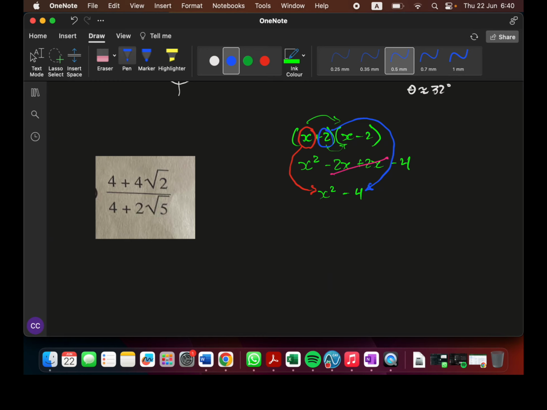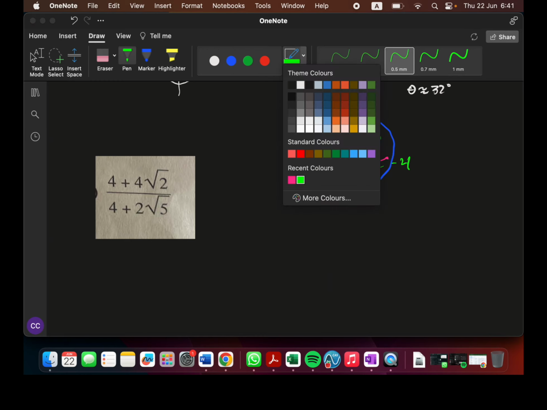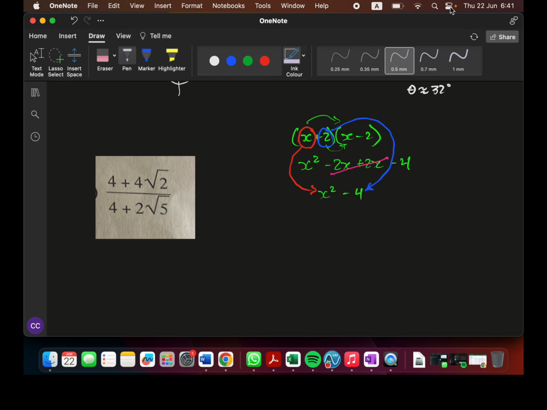We can treat this problem the exact same way, because if we apply the same idea, multiplying by what we call its conjugate, which is the difference of two squares idea, we can get this radical out.